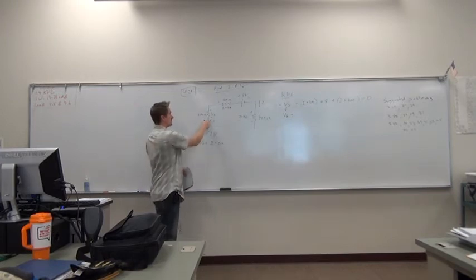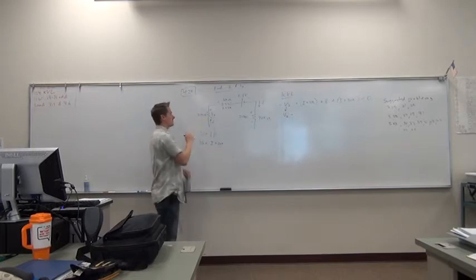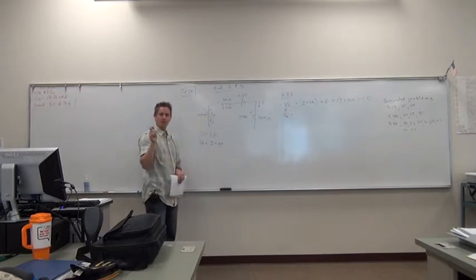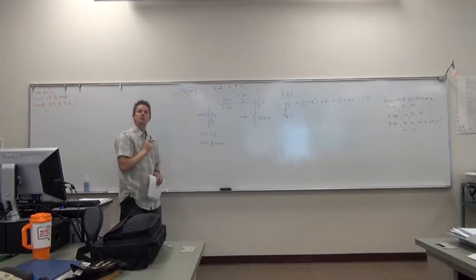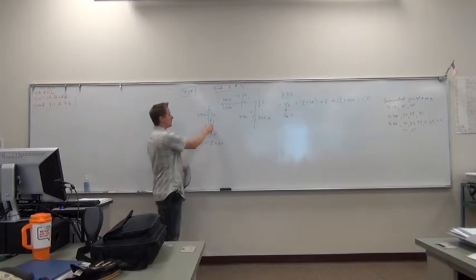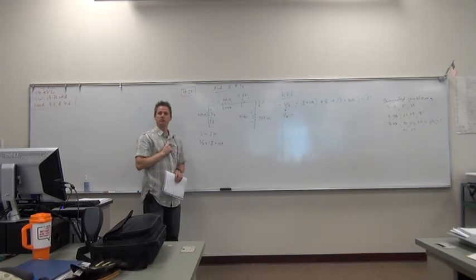Is this correct? Is this the passive sign convention? No, it's not the passive sign convention. If you use Ohm's law on a problem that is not using the passive sign convention, what does the book say? What did we review the other day? You have to put a minus sign here. Because we know that with this reference current and this reference voltage across the resistor, it's not using the passive sign convention.